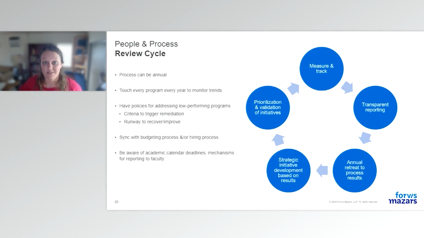So those policies should be written, they should be transparent. And I think most importantly, if you have programs that are in the red, a strategic academic planning process will allow you time and space to dedicate resources to those programs recovering.